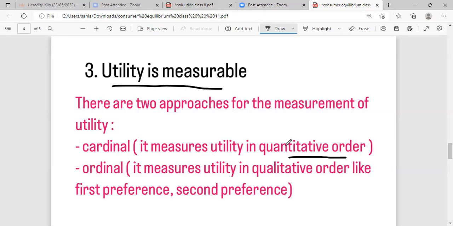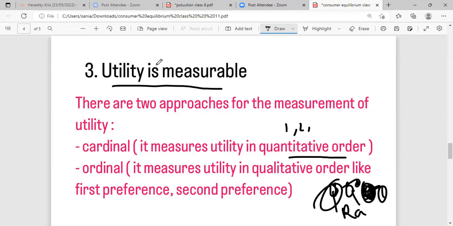Okay, quantitative I already told you: 1, 2, 3, right? But ordinal is like preference. For example, you have a pen, pencil and books. So you'll say I'll purchase books first, then pen, and then this. This shows that books are more important compared to pen and pencil, right? So you are giving a ranking: number 1 I'll purchase this, number 2 this, number 3 this.